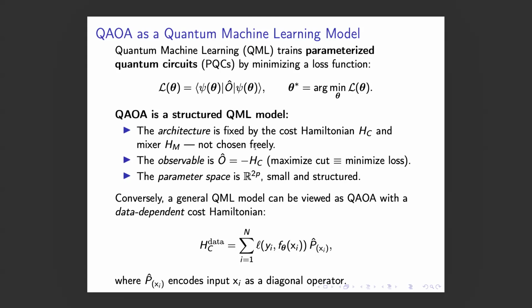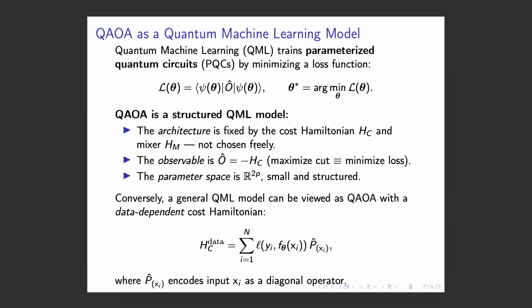And then we have this mixer, which is the way we prepare the initial state. And then the observable is actually the expectation value of this H of C. And the parameter space is normally pretty small and very well structured.